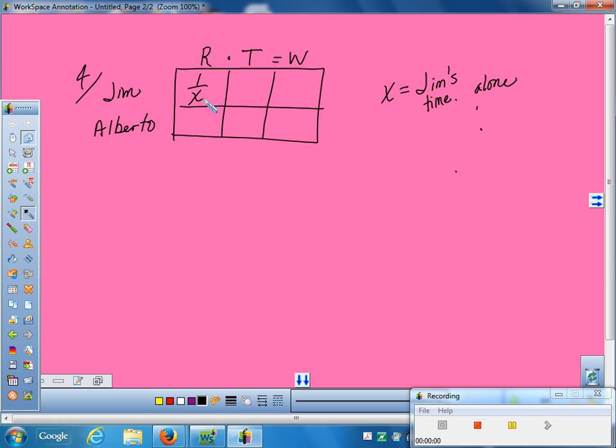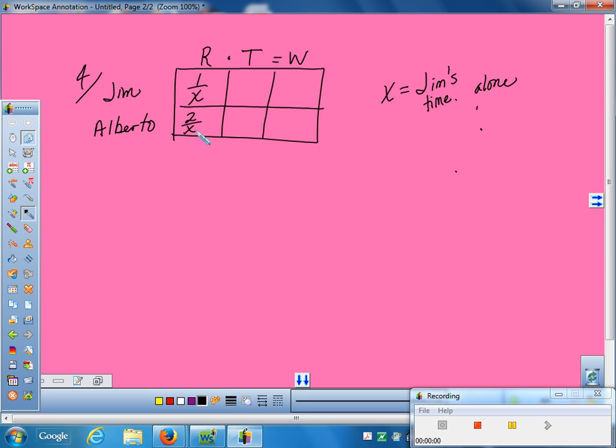I know, it plays with your brain. If he does twice as much, wouldn't he do a bigger fraction of the job? He's faster, so he should have a bigger fraction. The top number on the fraction makes it a bigger fraction.